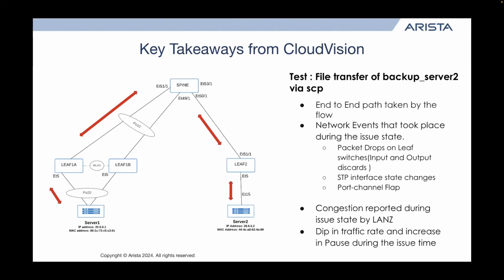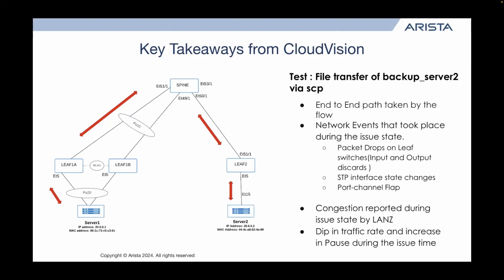Some of the notable events on CloudVision were the packet drops on the leaf switches, the spanning tree interface state changes, and the port channel member flap events observed on the leaf and some other switches as well. LANZ reported some congestion on that particular link between leaf 1A and the spine, and the subsequent pause frames being received and the dip in the traffic rate was something that we were able to correlate.